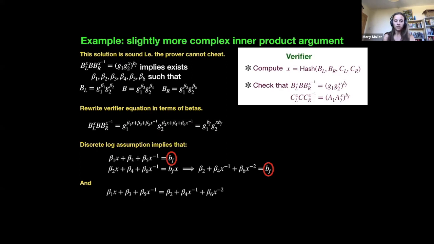Since these two values are equal, we have that the left-hand side of our first equation must be equal to the left-hand side of our second equation, namely that beta 1x plus beta 3 plus beta 5 x to the minus 1 has to be equal to beta 2 plus beta 4 x to the minus 1 plus beta 6 x to the minus 2.